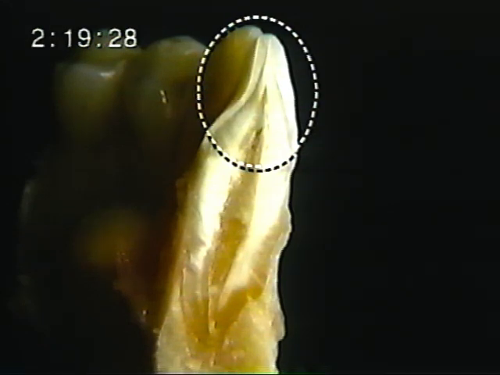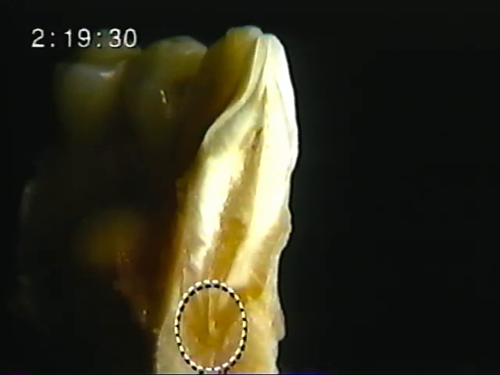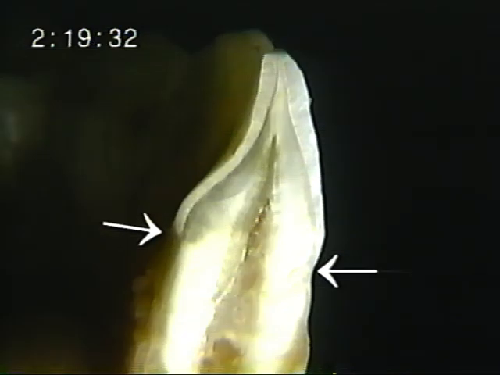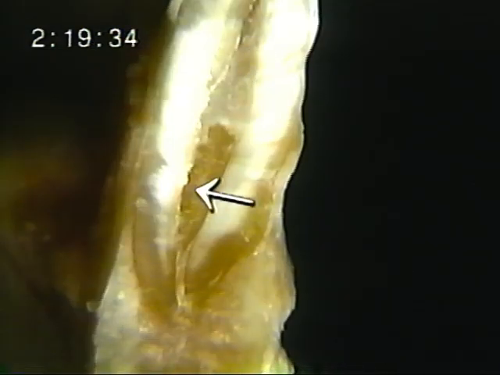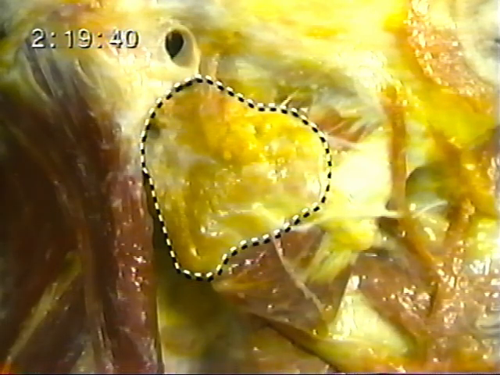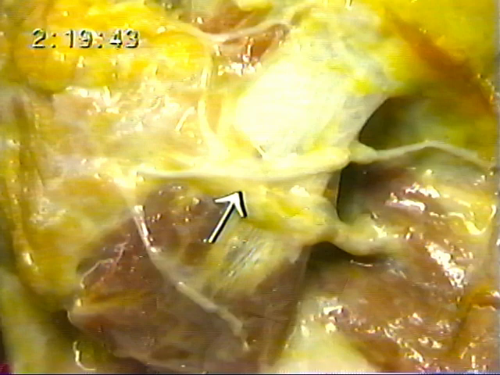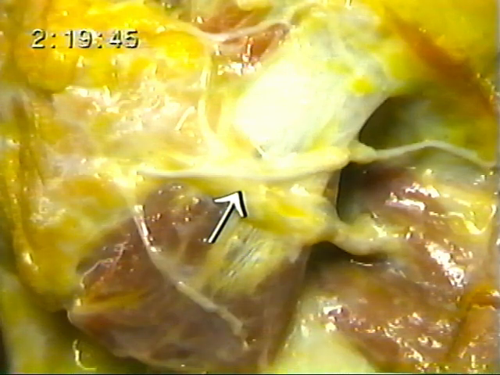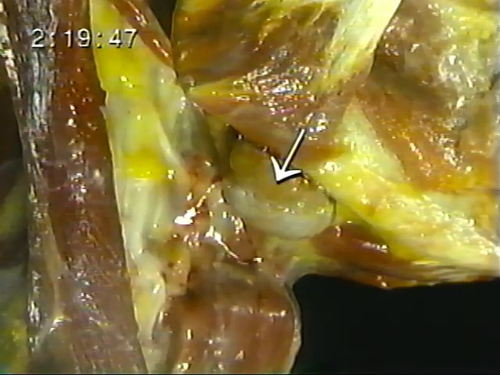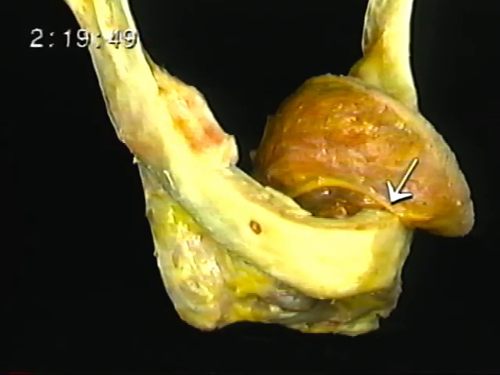Here's the crown of the tooth, the root, and the apex. Here's the neck, here's the pulp cavity, here's the apical canal and the periodontal membrane. Here's the parotid gland and the parotid duct. Here's the submandibular gland and its duct.